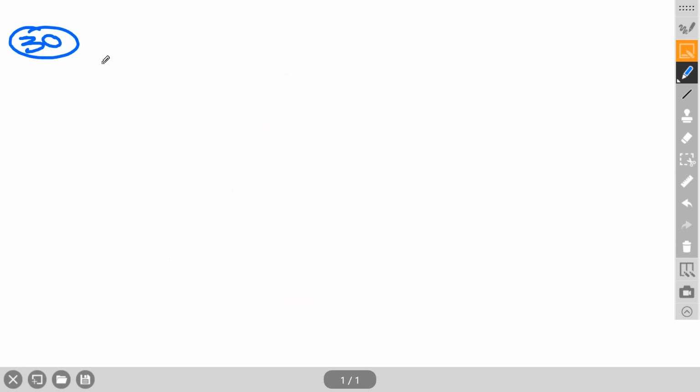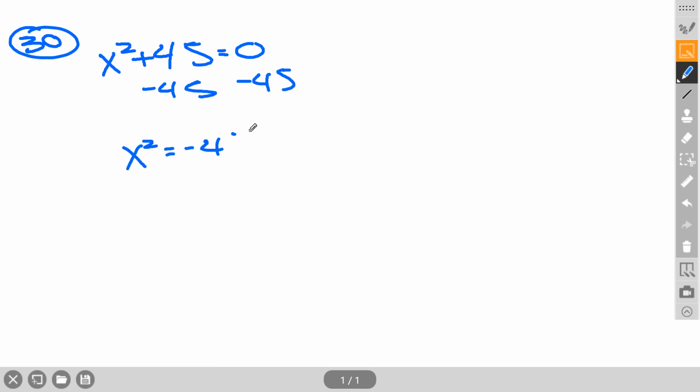30. x squared plus 45 is equal to 0. So subtract 45. So x squared equals negative 45. Square root both sides. Don't forget the plus or minus.